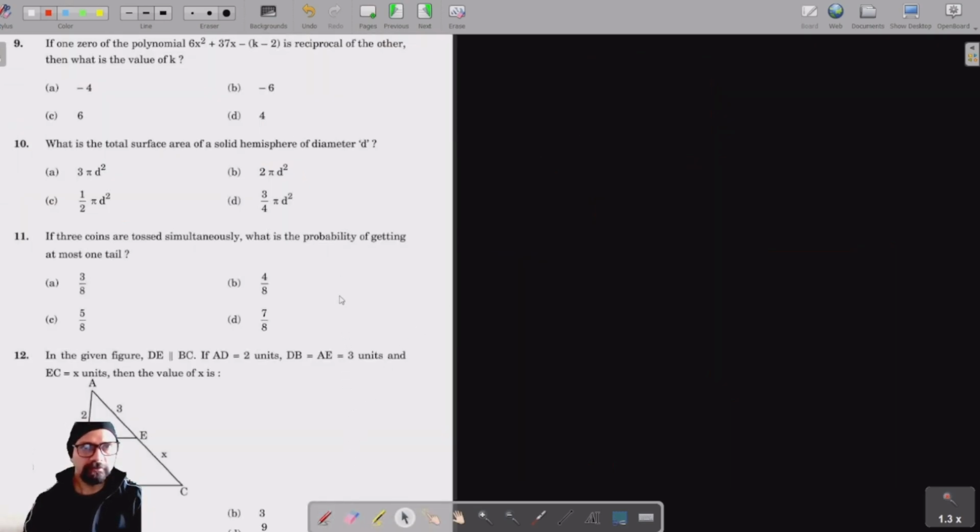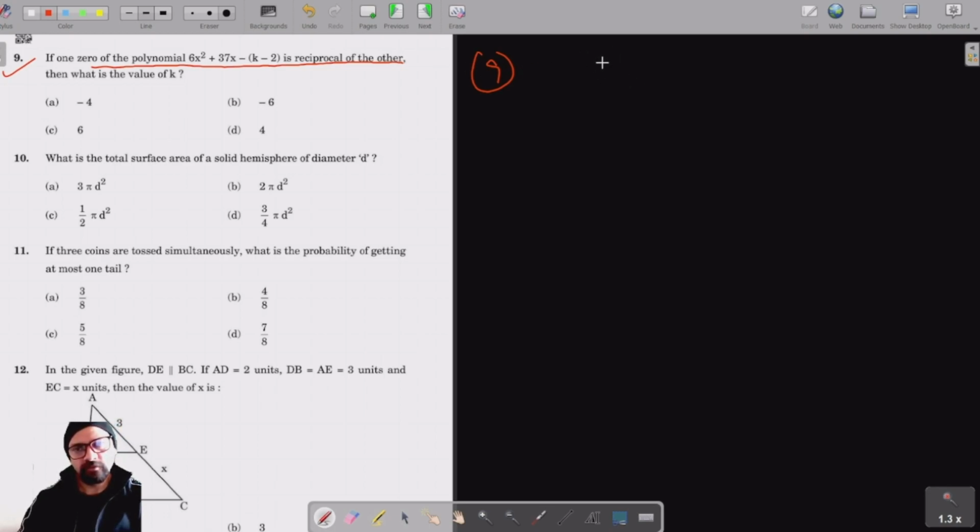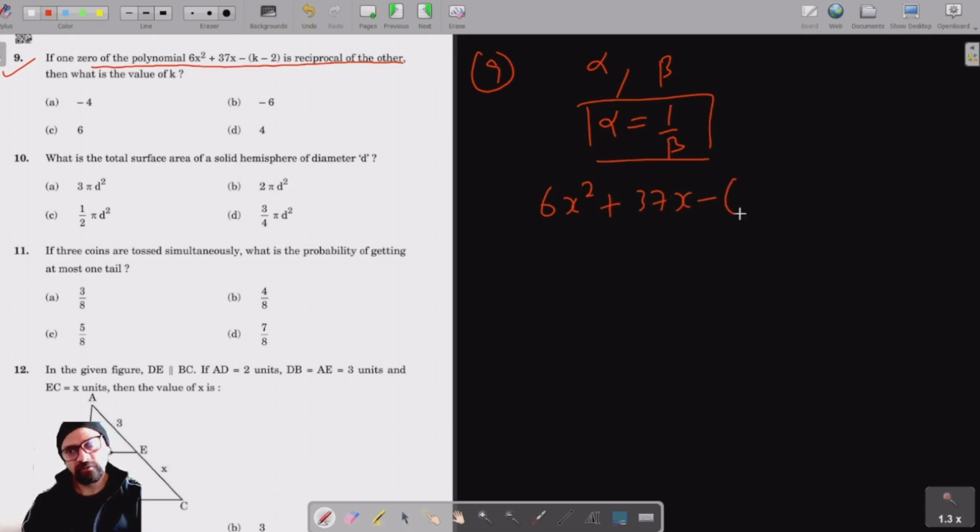For question number 9, it's given that one zero of the polynomial is the reciprocal of the other. So let's say the two zeros are alpha and beta, and one is the reciprocal of the other. Now, the given quadratic equation is 6x squared plus 37x minus k minus 2.